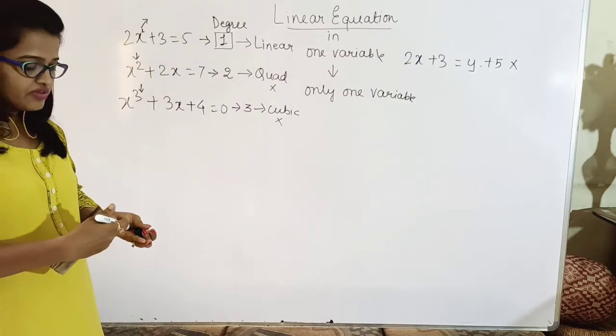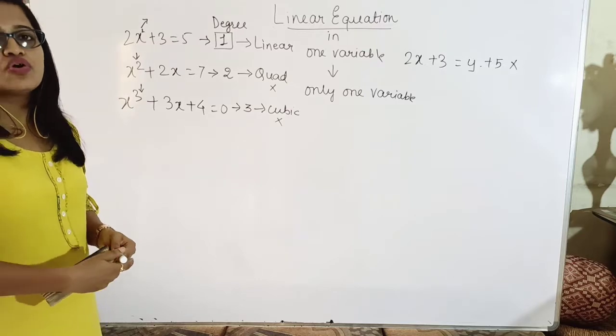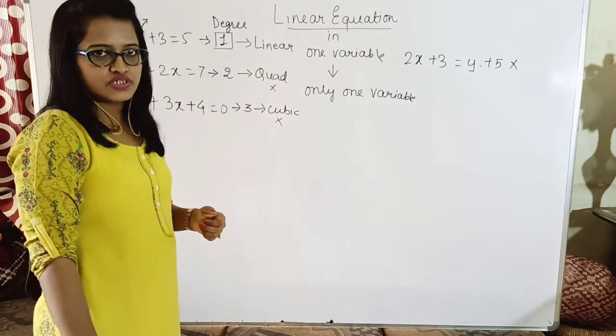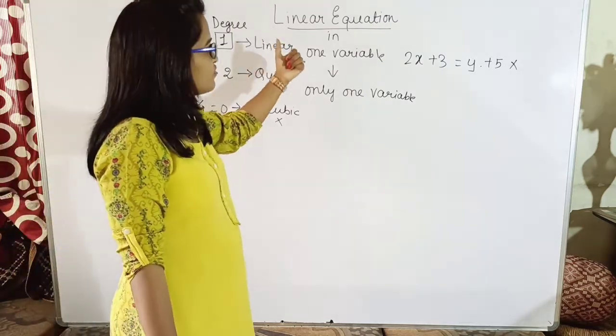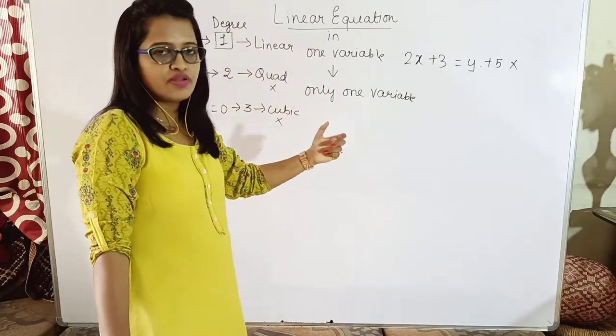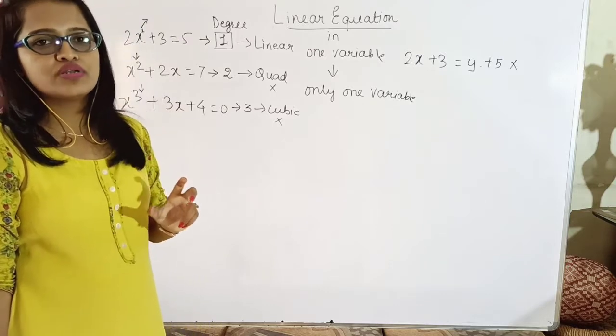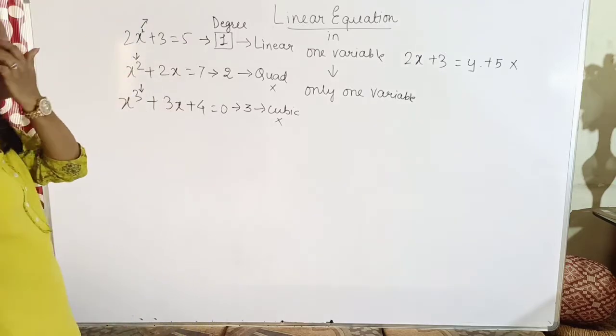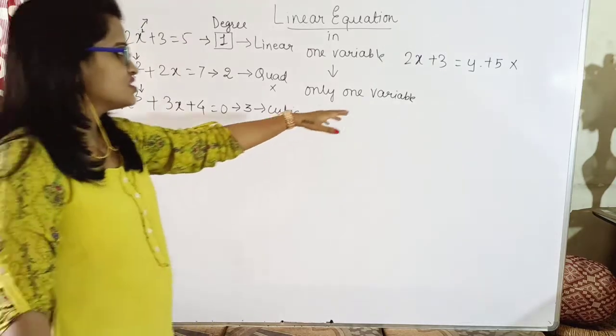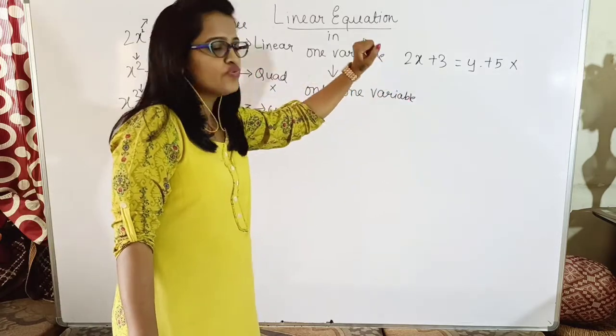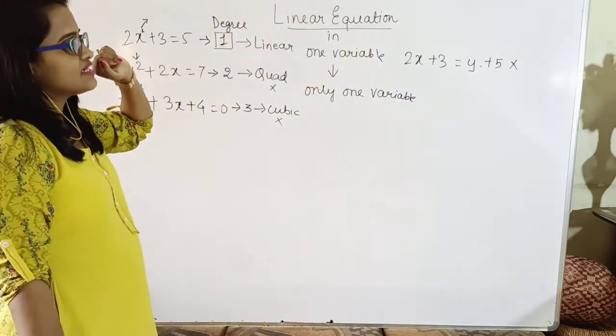If it has a power other than 1, then it will not be termed a linear equation. And if we are dealing with a linear equation in one variable, the variable present in the equation has compulsorily to be 1. There cannot be more than one variable in the equation. Just as in this case, there are two variables, so this will not be categorized as a linear equation in one variable.